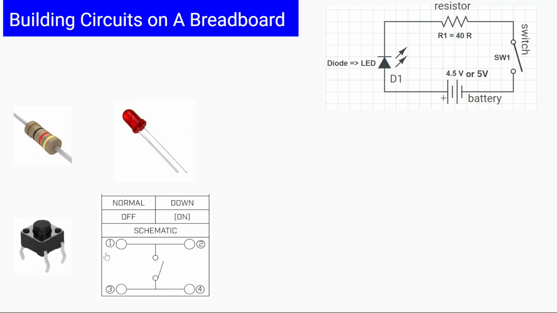It shows that sides 1 and 2 are connected together, so these 2 legs are connected together, and similarly on the other side, 3 and 4 are connected together. Once you press the button, this switch closes, and all these lugs get connected. So when you're putting this switch on the breadboard, you want to make sure of the leg configuration, so that you can make a proper connection as shown in this schematic.